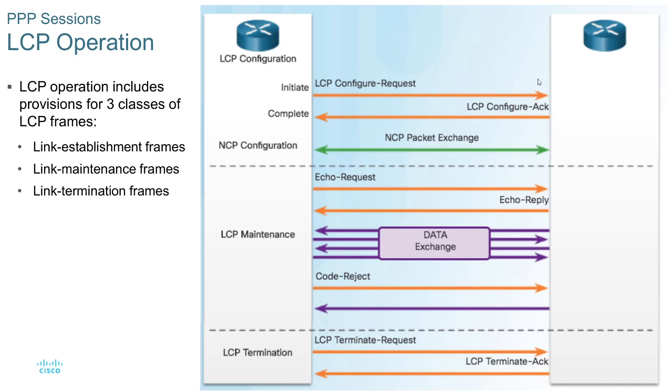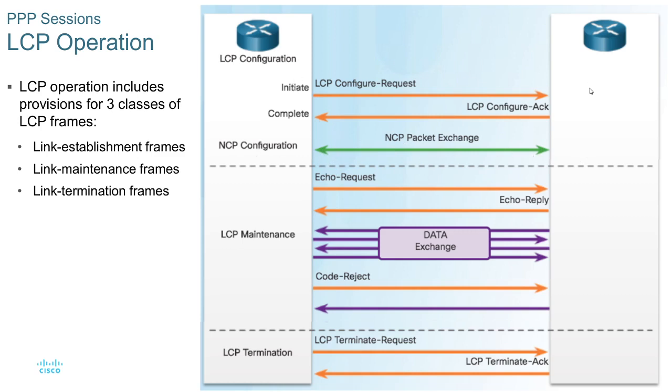And once the initial establishment configuration is done at the LCP level, then the NCP can do its communication, or the network level communication can happen, or the packet exchanges can happen between these links.